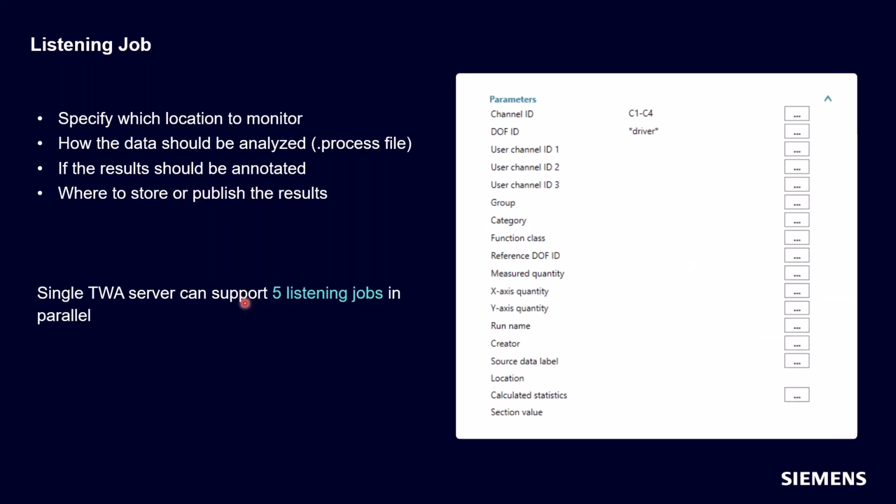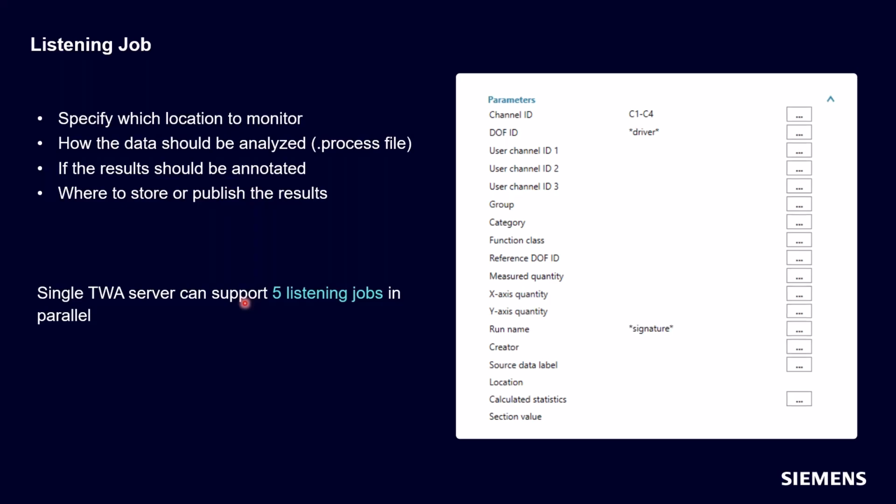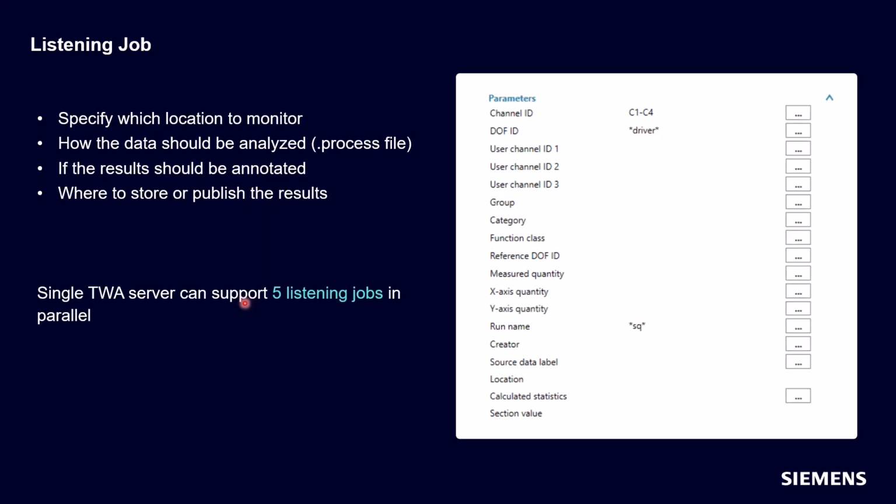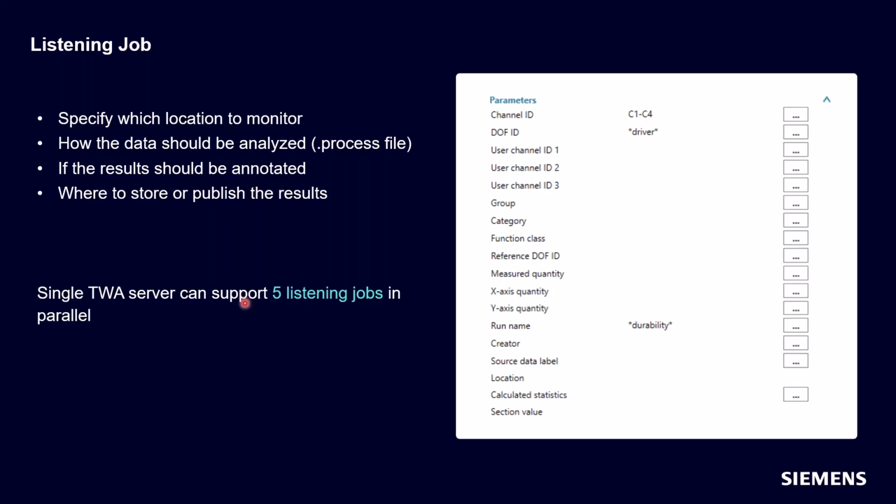It could even be on any characters inside the run name. So maybe I have a run name that has signature for signature type processing, maybe another run name that has SQ, maybe another one for durability. I can use those specific run name characters and use pass to send it to different processes based on what I have in the run name. That's all standard TestLab Neo functionality.